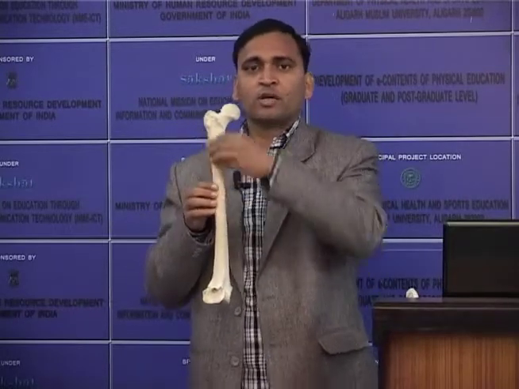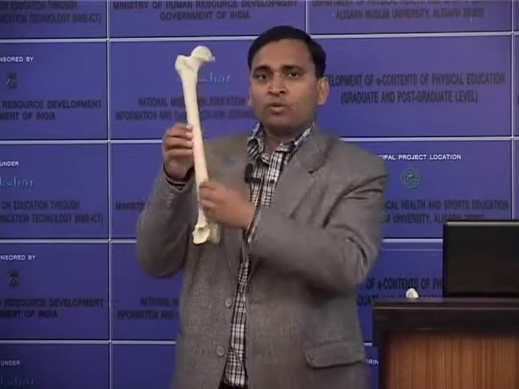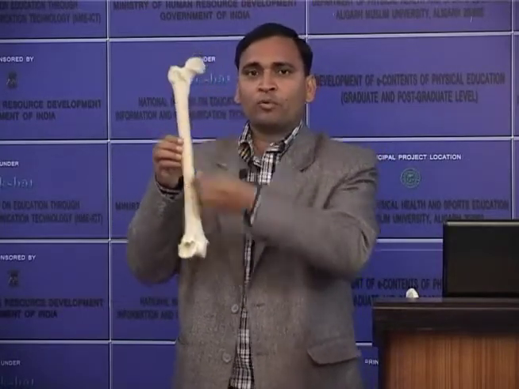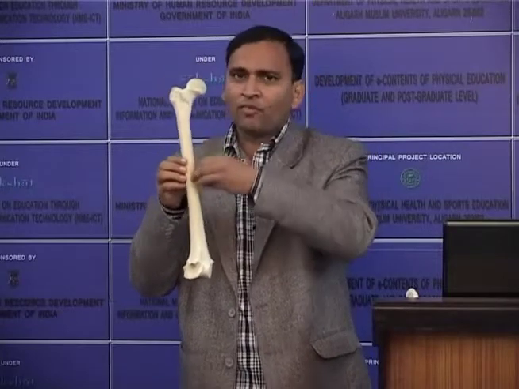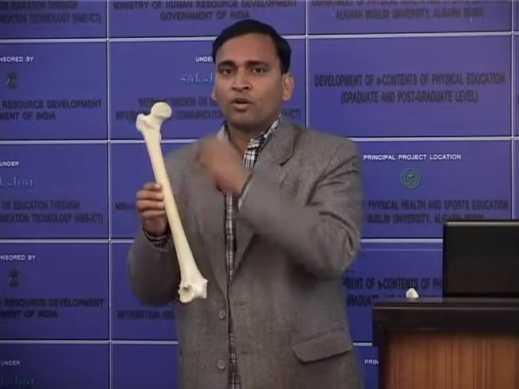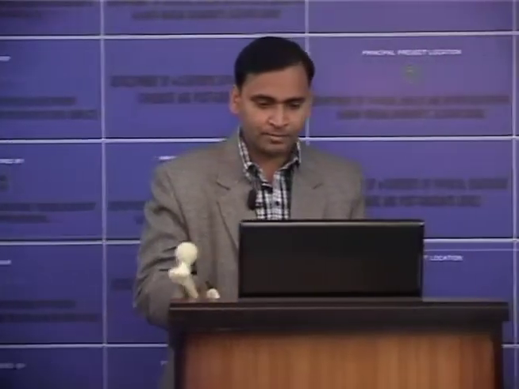All four muscles of quadriceps surround this diaphysis. Diaphysis means the shaft of the femur. This long axis of the femur, or of any bone, is known as the diaphysis. The whole diaphysis is covered by all four muscles of quadriceps.